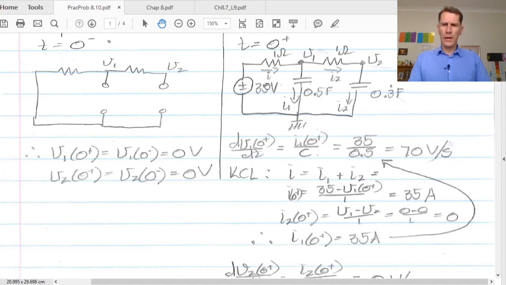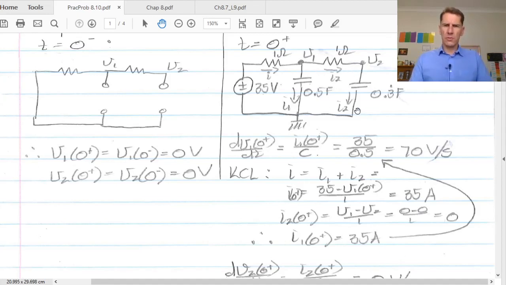For that we can write down an expression. We know it's 35 minus V1 at 0 plus, so Ohm's law, it's 35 volts on that side of the resistor. V1 at time 0, we know it's 0 volts. So we can calculate the total current that's coming in, and that's going to be 35 over 1, which gives me 35 amps.